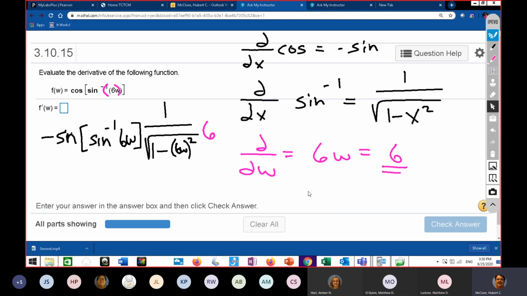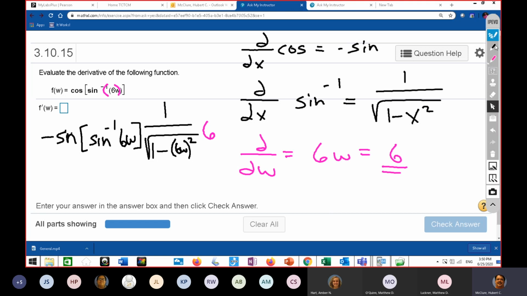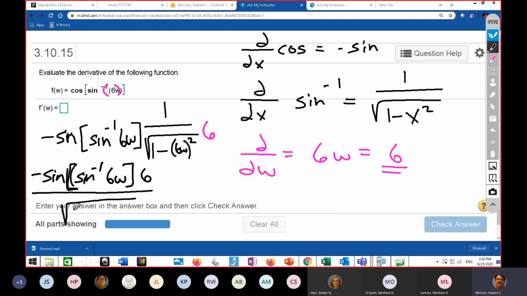So when you crank everything out, you're going to get negative sine of the inverse sine of 6w times 6, over the square root of 1 minus 36w squared.